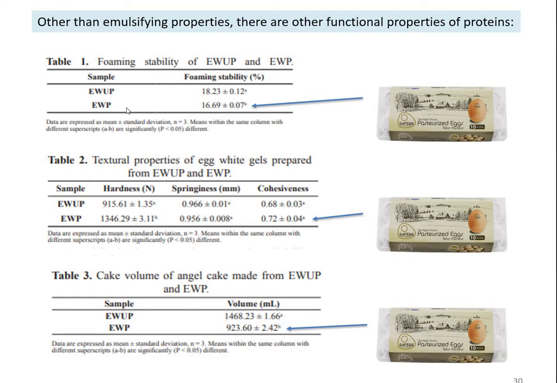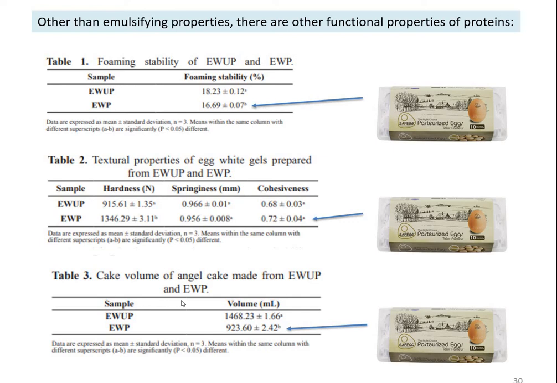It was evident that EWP has lower foaming stability, and for textural properties of the egg white gel, we indicated that EWP had higher hardness of the gel. This is because the eggs were already pasteurized, so the process of forming the gels has started much earlier compared to the fresh egg white. Anyway, we do not want the cake to be too hard. We want it to be soft, right?